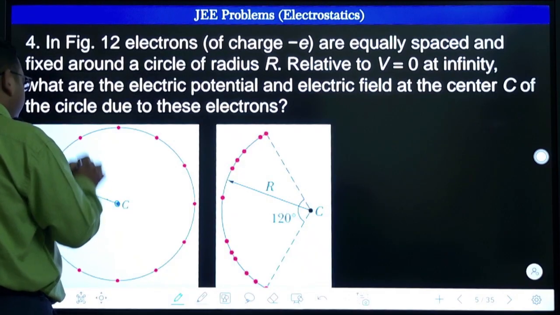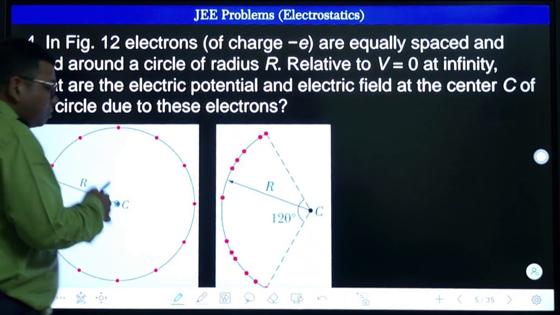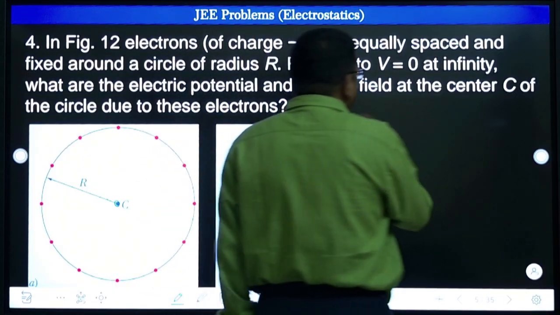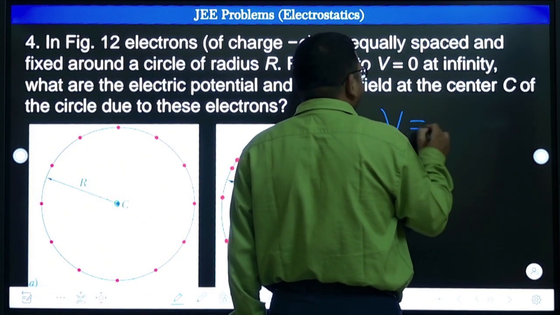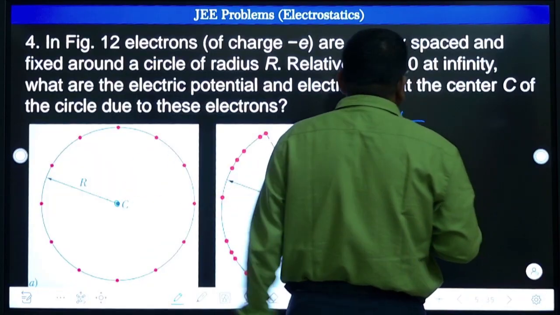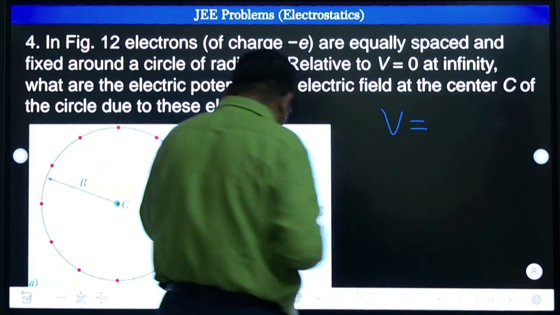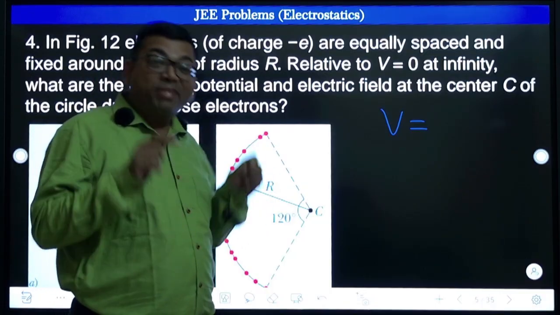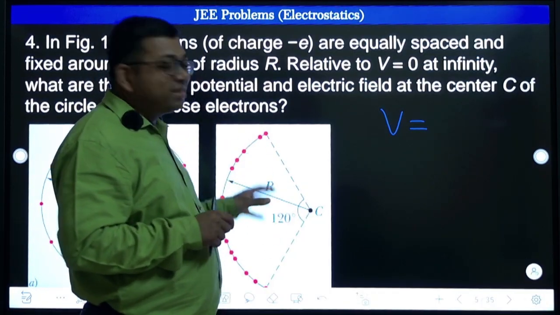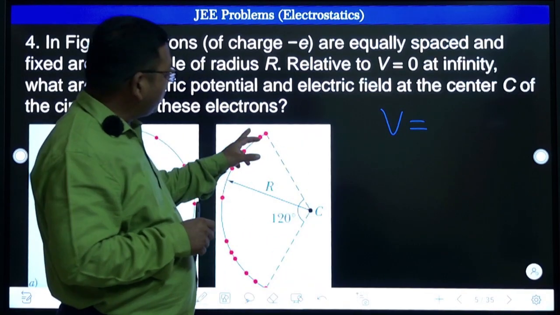Because all the charges are equidistant, in the first case, if you calculate the potential for the circle where it is equally spaced, or even if it is unequally spaced, it is not going to matter.